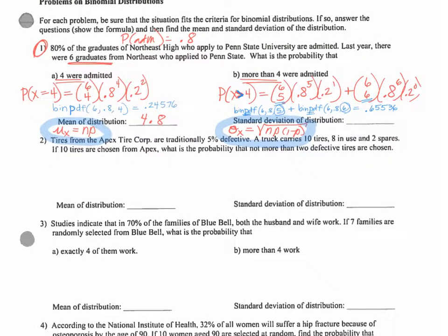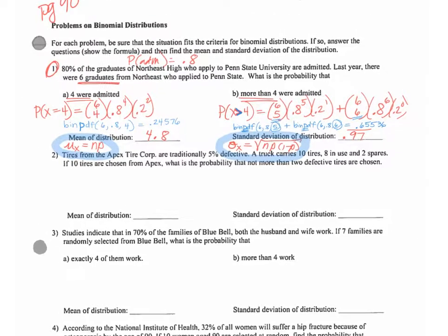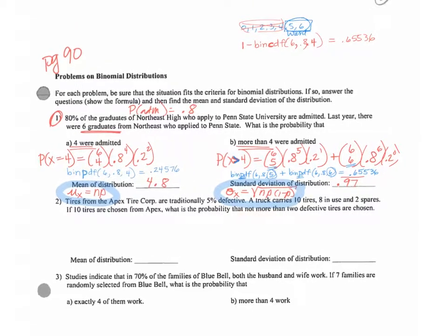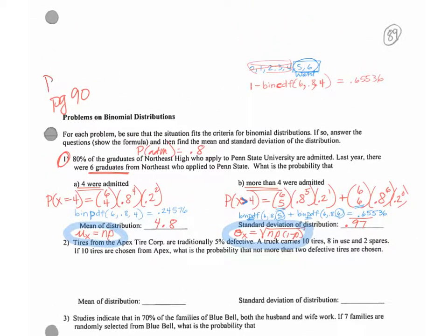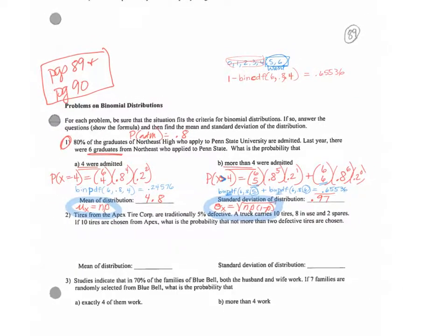And if you fill those numbers in correctly, you get the answer 0.97 repeating, I believe. So, in summary, your assignment is to do pages 89 and 90, and I'm going to put the answers on the board for all those problems so you can check those. And so you should have about 20 minutes of class left to work on these 2 pages, and what's not finished in class is homework.